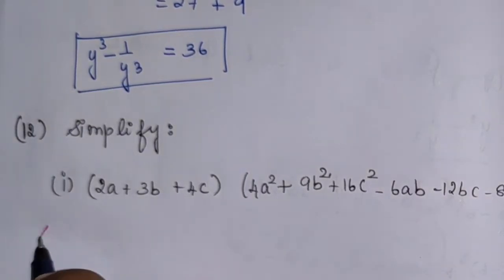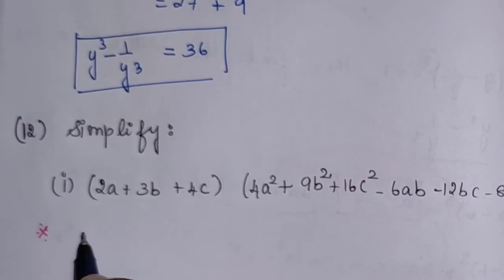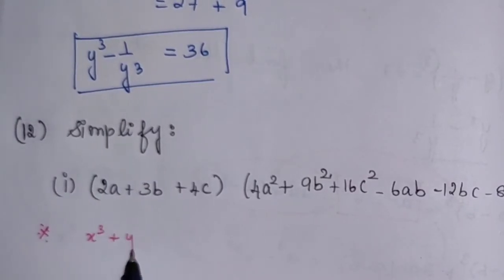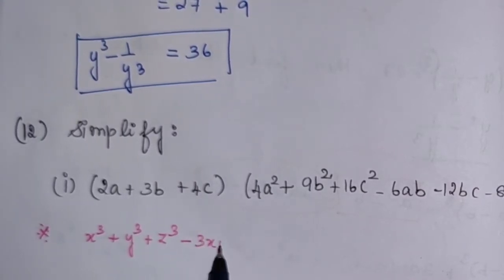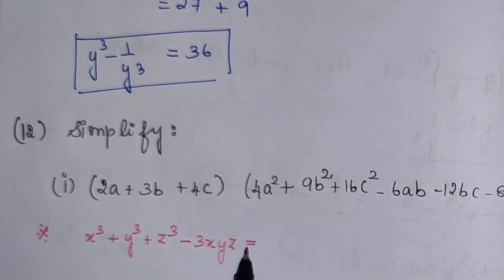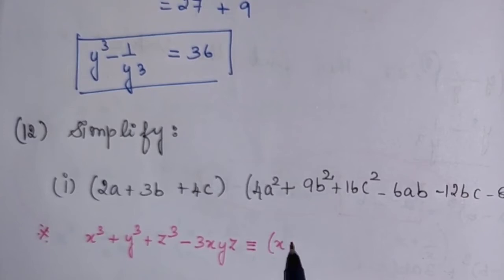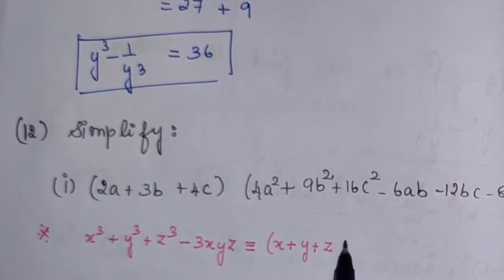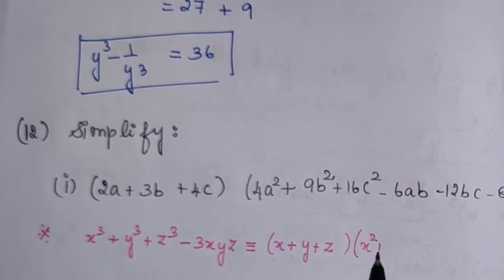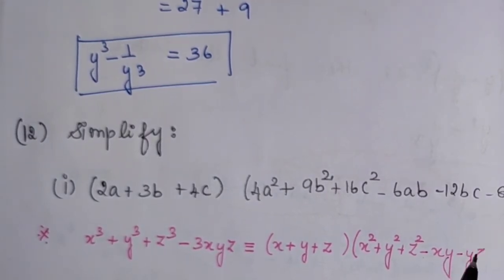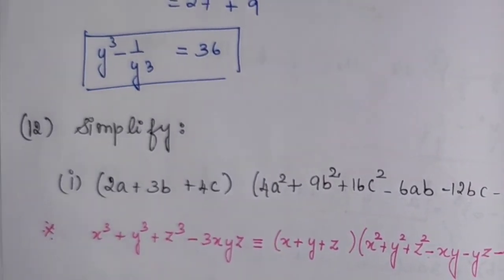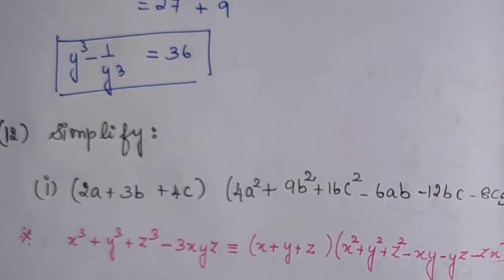Okay, so this is the formula: x cube plus y cube plus z cube minus 3xyz is equal to x plus y plus z into x square plus y square plus z square minus xy minus yz minus zx. So this is the identity. Now look at this.